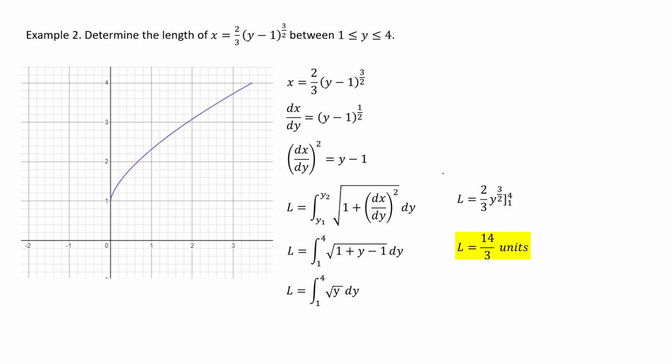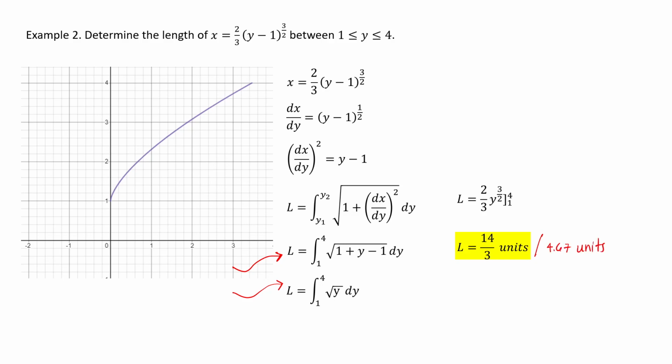Before that, this is the solution there. You may stop up until this point, or you can simplify it further and plug the simplest format in the calculator. So it's 14/3 or 4.67 units.